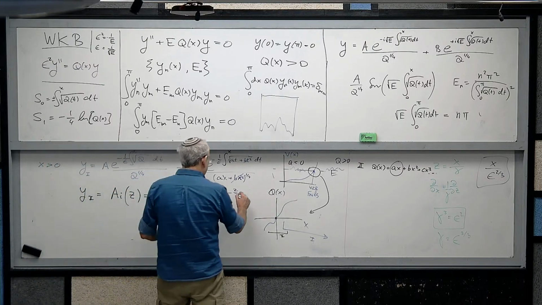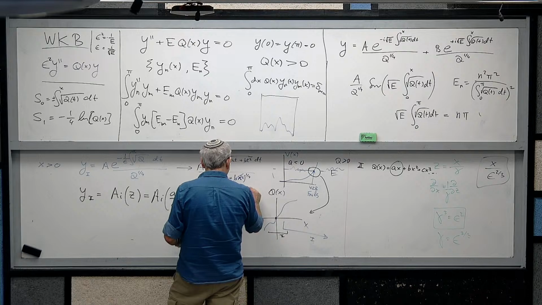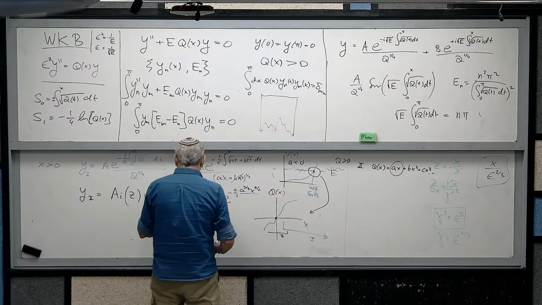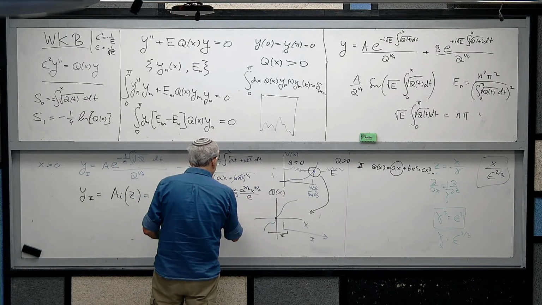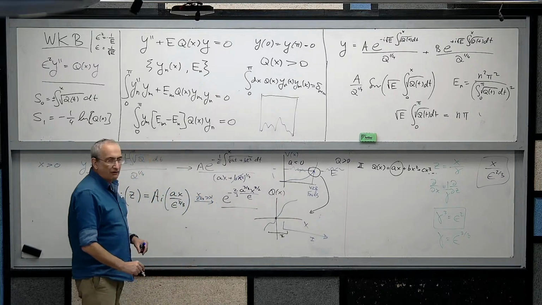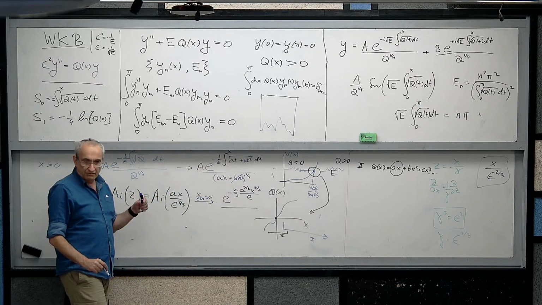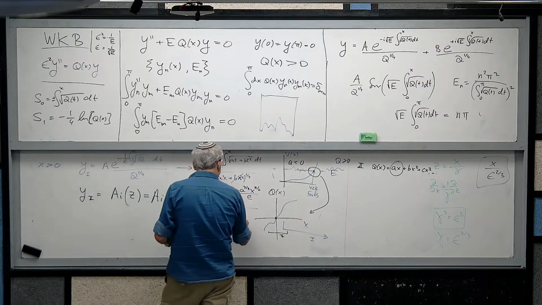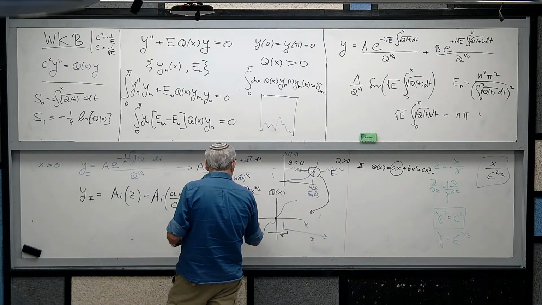So I have a to the 3/2 times x to the 3/2 divided by epsilon, and now I have to divide it by the argument to the power of 1/4. So I have a to the 1/4 times x to the 1/4 divided by epsilon to the 1/6.